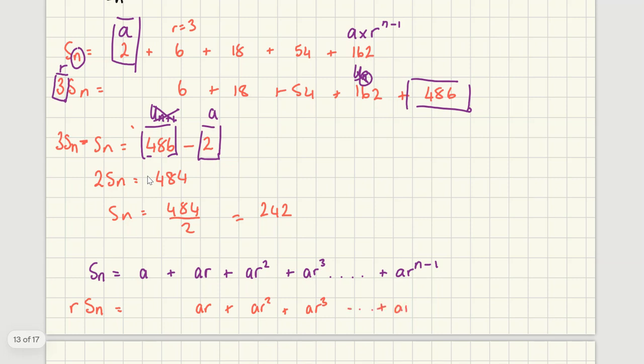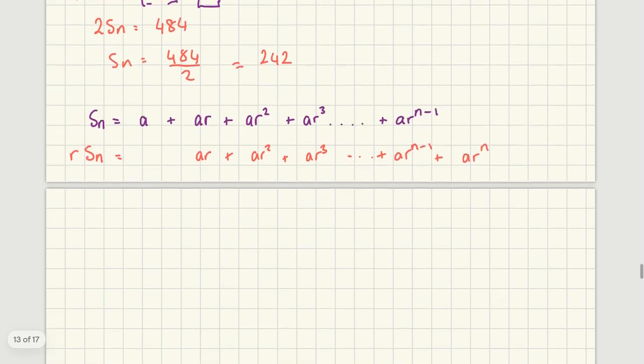We've got AR to the N minus 1, but we've got another term now, this new term, which is AR to the power of N, because it's plus, just add 1 to the exponent, right?